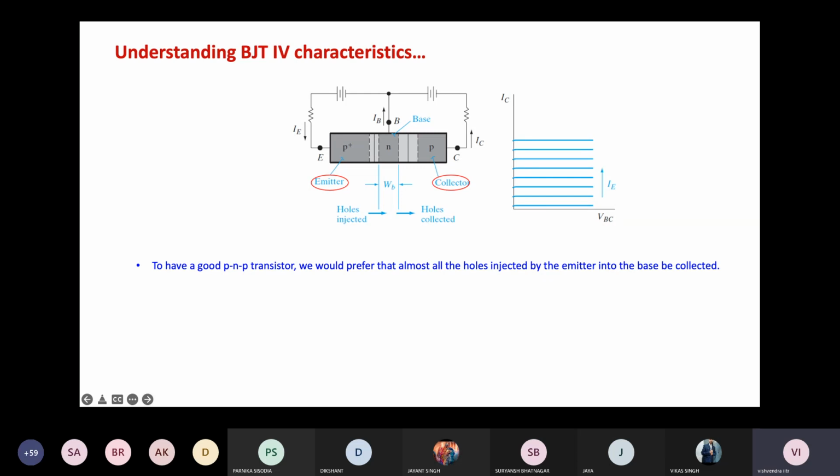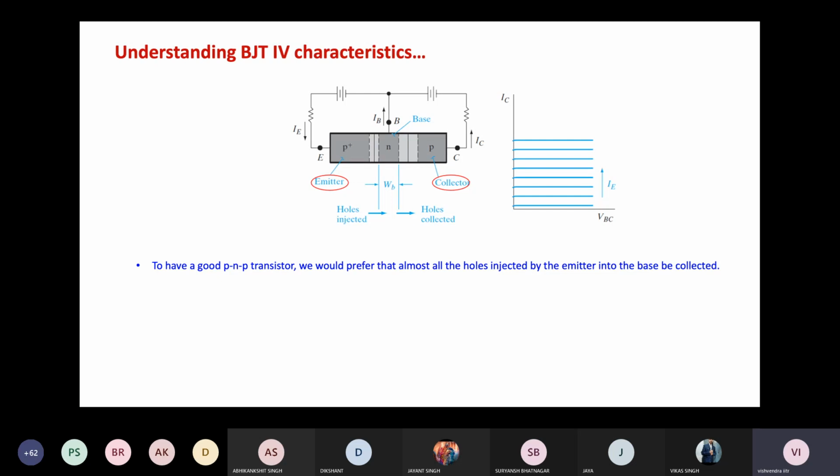And what should we do if we need to reduce the recombination in the base? Less doping. Less doping, what else? A thin region, possible to decrease the length. Decreasing length, yes. You're right. In order to reduce the recombination, we need to reduce the number of electrons coming from the base side.